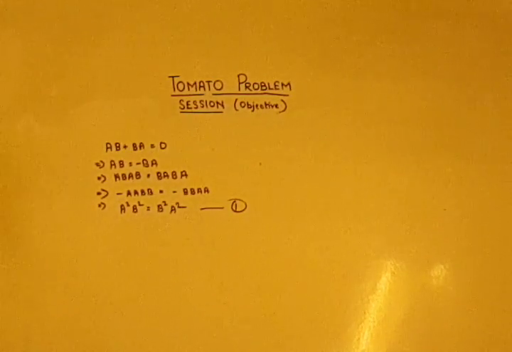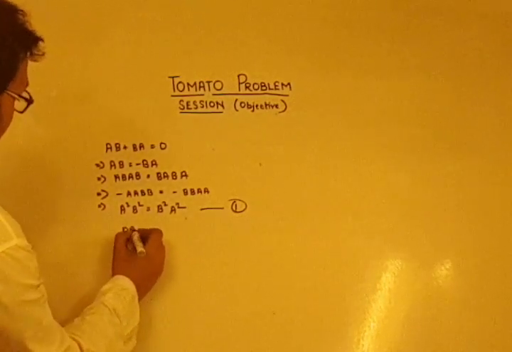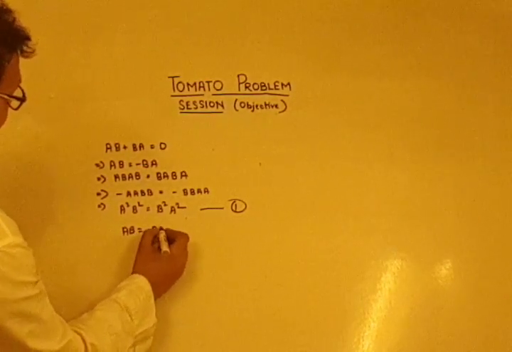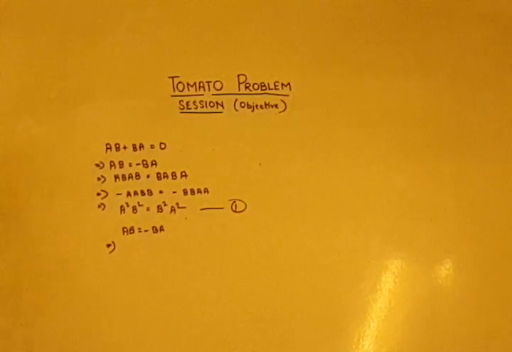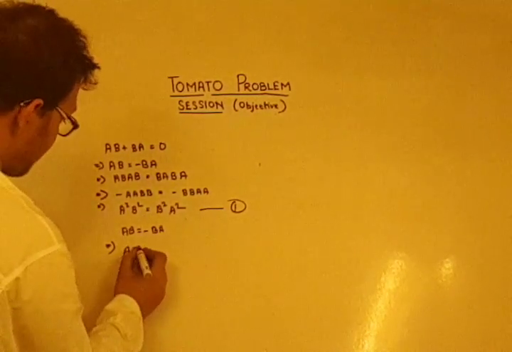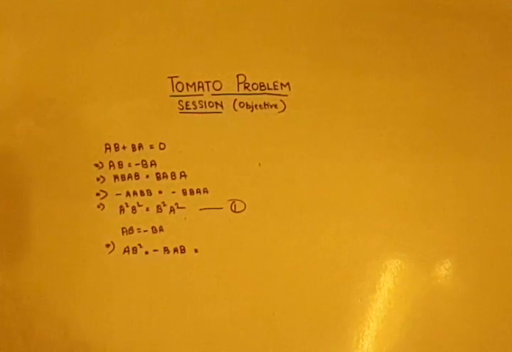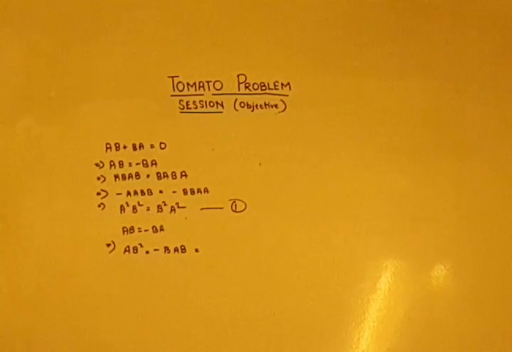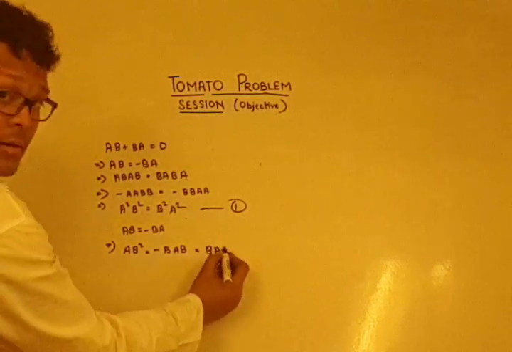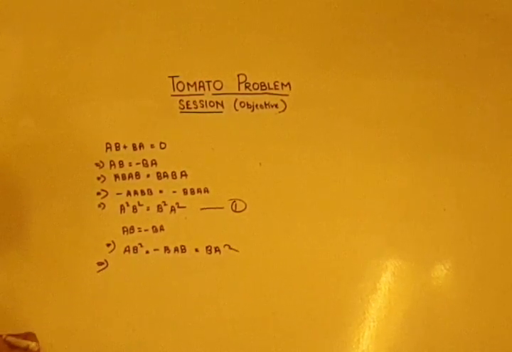Now AB equals minus BA again, which implies AB squared equals minus BAB, which equals BA squared.